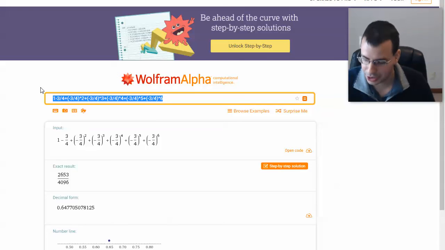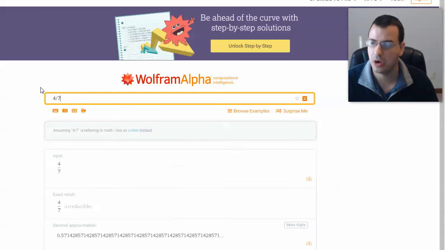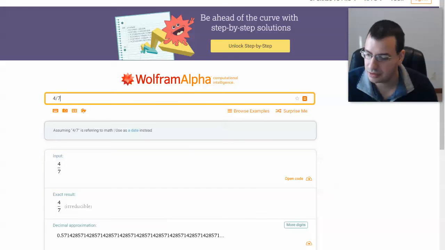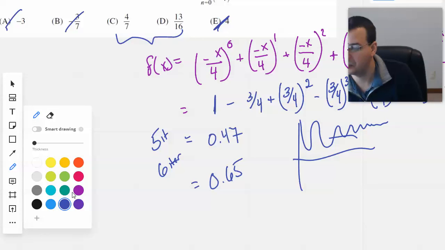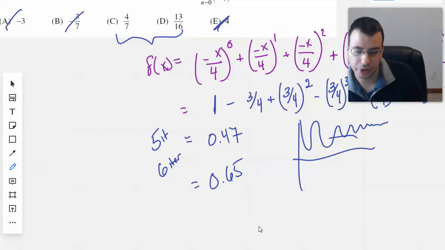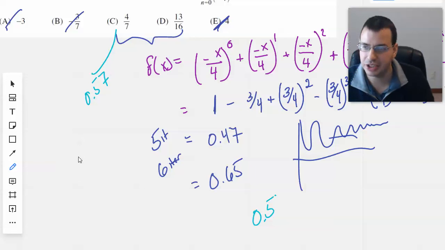I feel bad erasing all that. I'll just copy it so I have it for later in case I want it. 0.57. That looks like a contender. So we have 0.57 and 13 divided by 16.